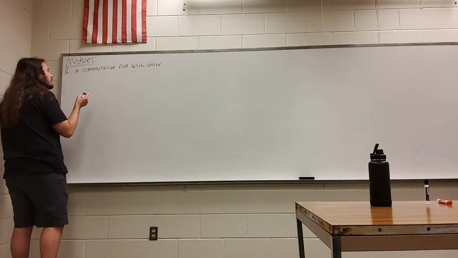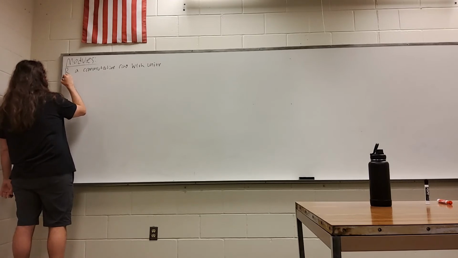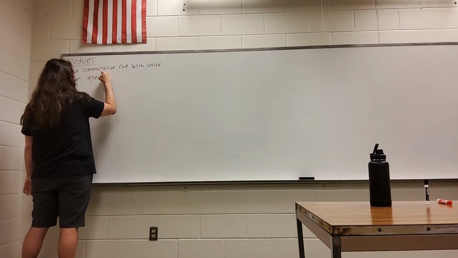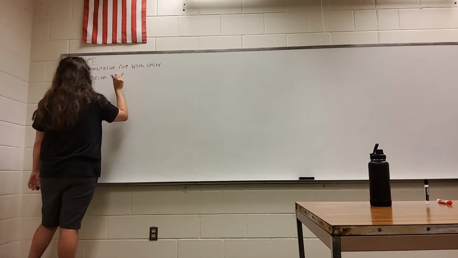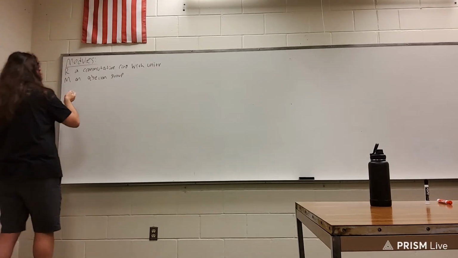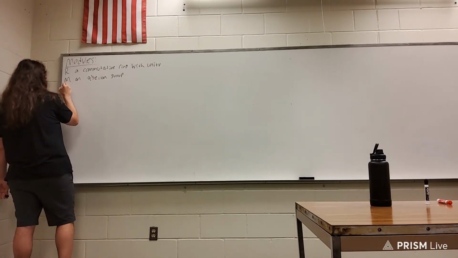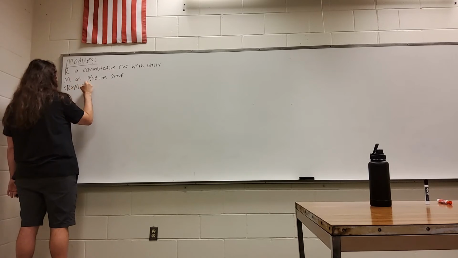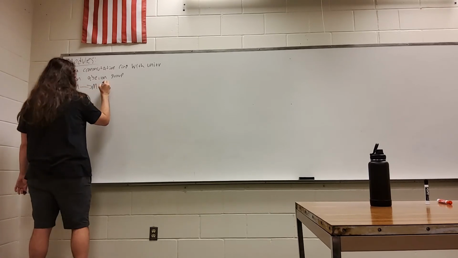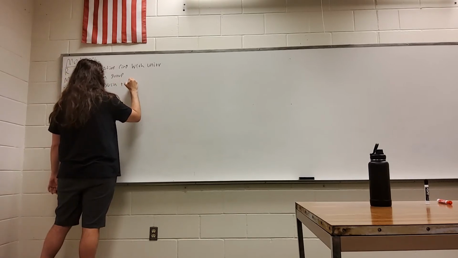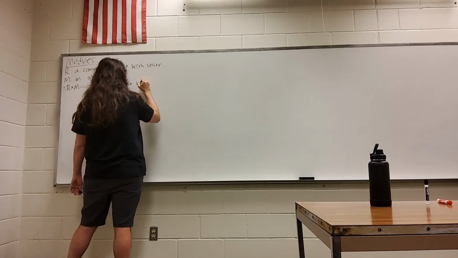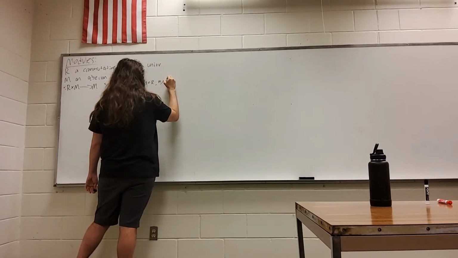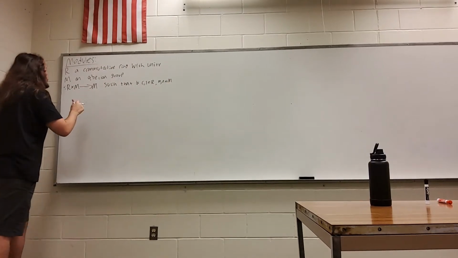So we start with a commutative ring with unity, and then we say that an abelian group, and what we want is a function that I will denote with this little dot here, M, such that this function satisfies a few properties.